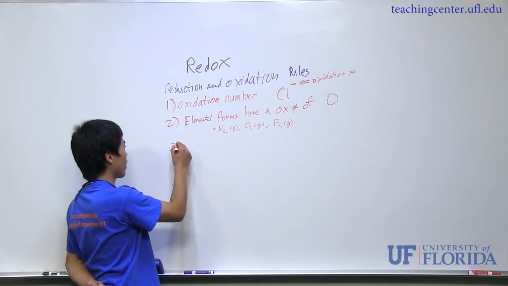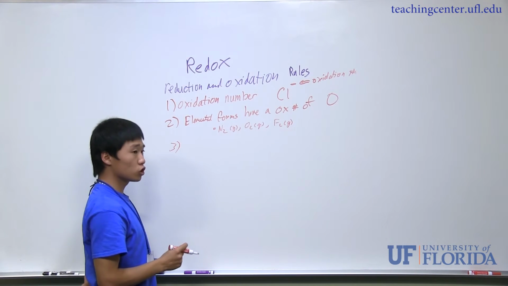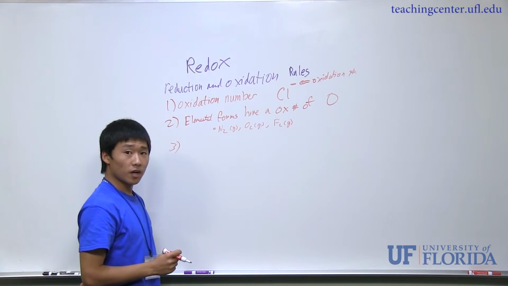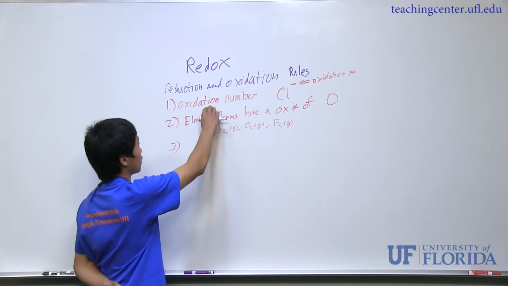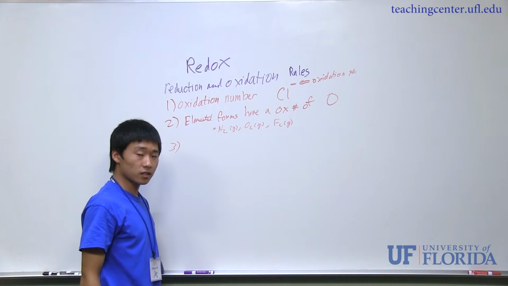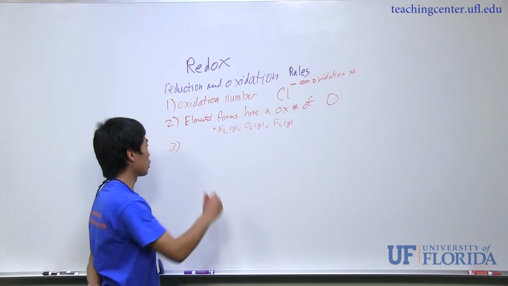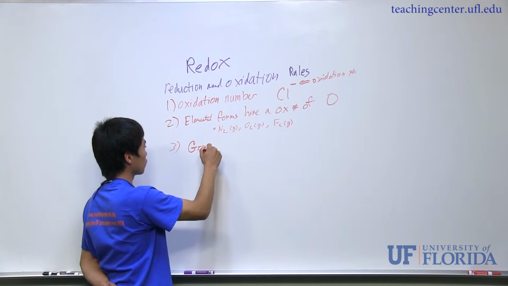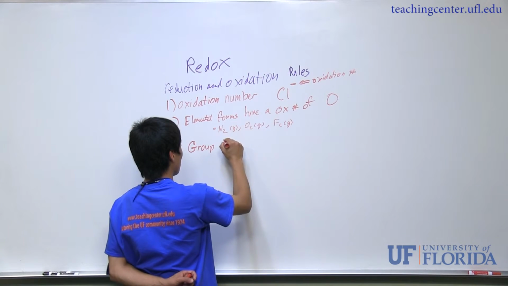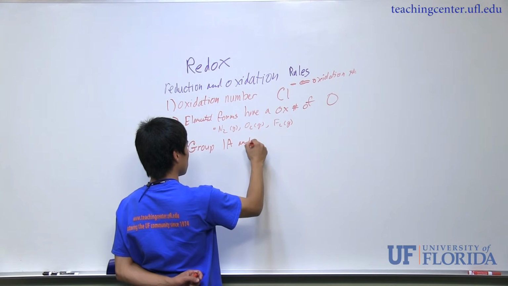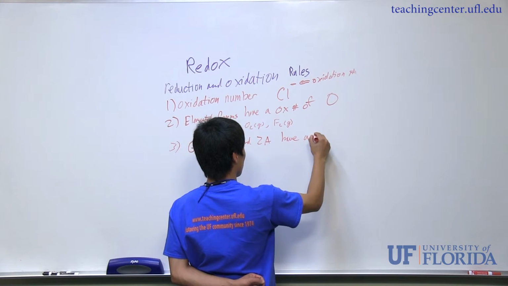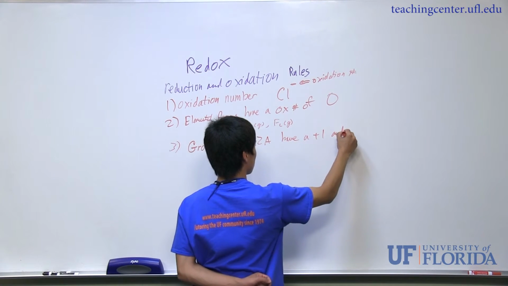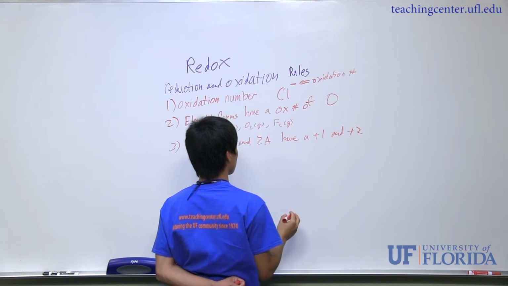Number 3: when it comes to monatomic ions, the charge is always located at the top, like I told you. I'm not going to discuss that. But number 3 is that groups 1A and 2A have a +1 and +2 oxidation number respectively.